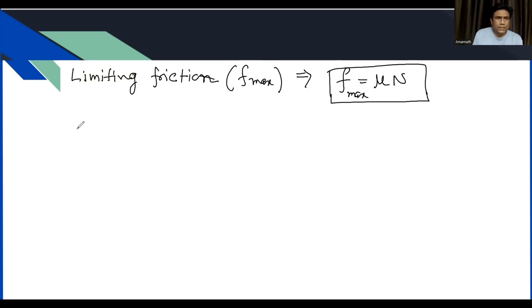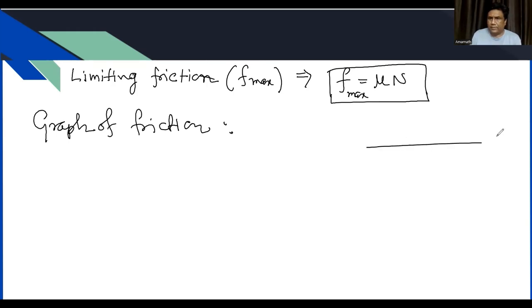Okay, so let us discuss this part first. Graph of friction. I have already told you, say this is a surface and here is some object. I have applied some force and obviously if the surface is frictional, there will be certain mu and there will be certain F max.